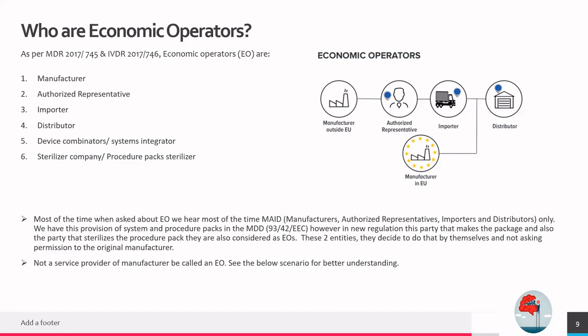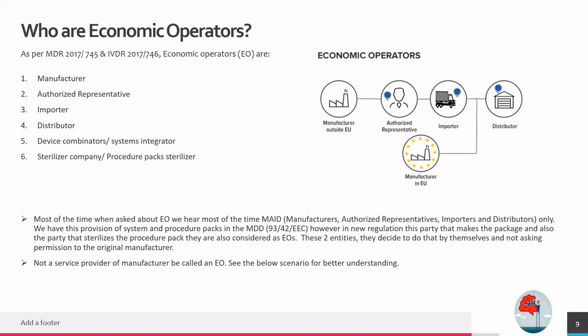If a party has an agreement with the manufacturer, and the manufacturer says, do packaging of my product, do sterilization for my product, those two parties will not be considered economic operators, as they do it for the manufacturer. If they do it by themselves, for their own business purposes, those two parties will be considered economic operators. So we can say a service provider of a manufacturer is not called an economic operator.